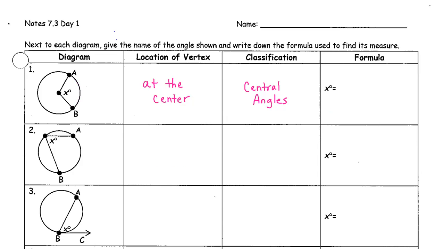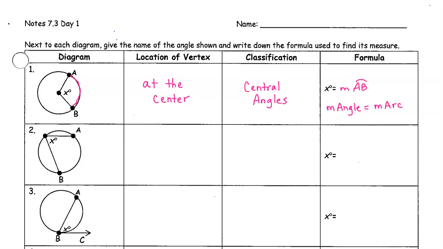And in order to find the measure of our central angles, we know that the central angle is equal to the measure of the arc. So if I look at where my angle opens up, it intercepts arc AB, so that's going to be equal to the measure of arc AB. Okay, so the measure of the angle is always equal to the measure of the arc.